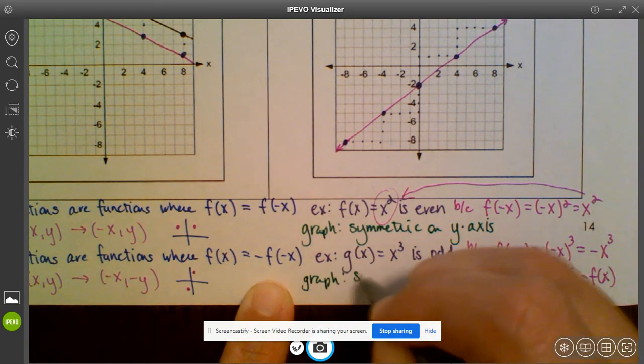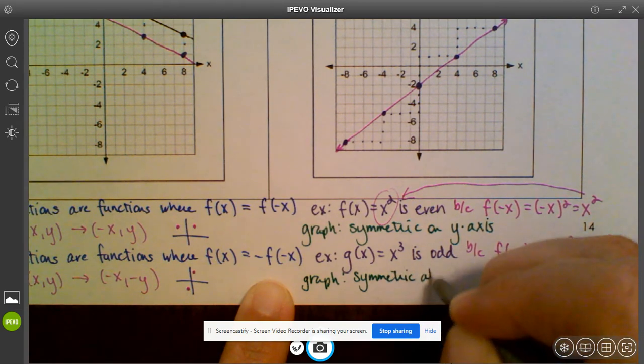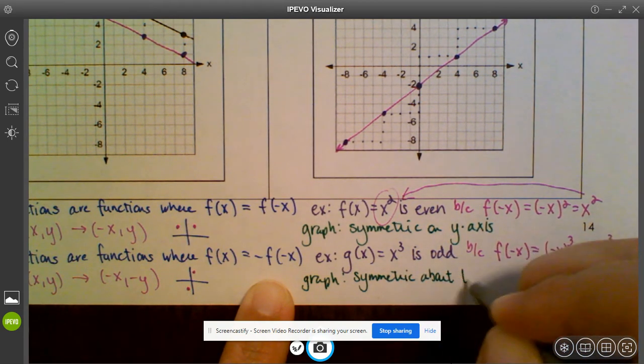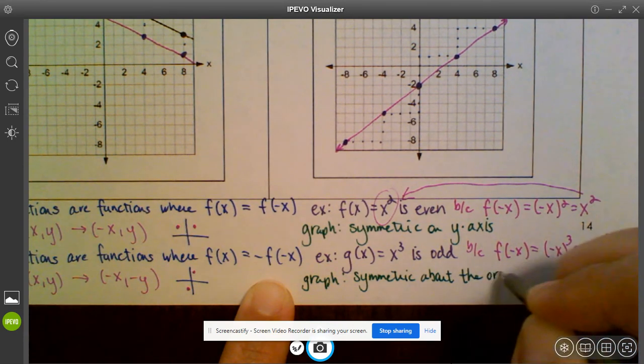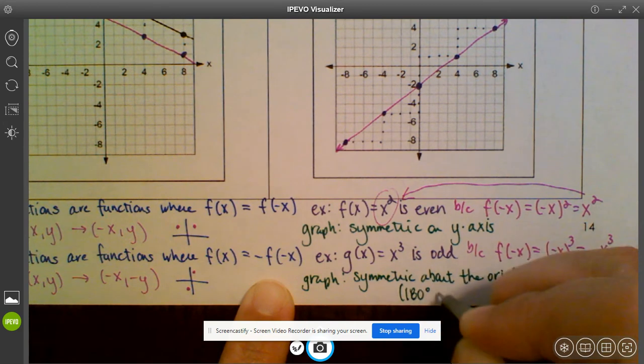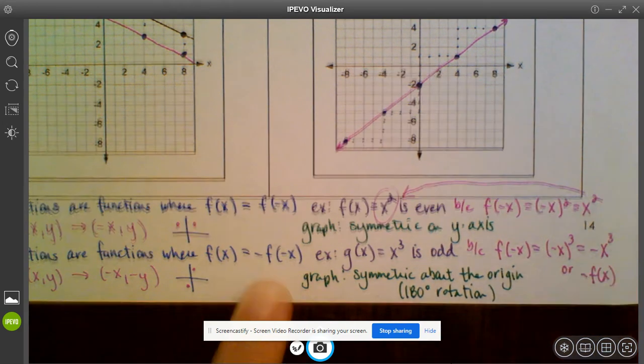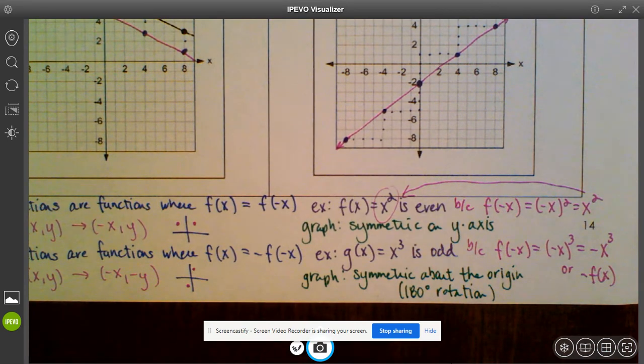Man, I'm throwing a whole lot of stuff at you. I'm just going to remind you of the 180-degree rotation. Okay.